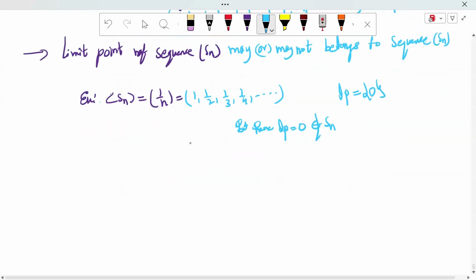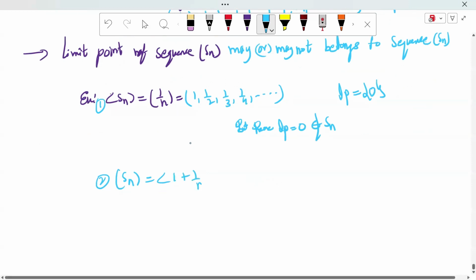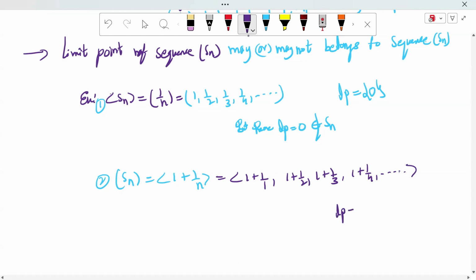Take the second example, sir. For example, take the sequence 1 + 1/n. What terms are coming, sir? 1 + 1/1, 1 + 1/2, 1 + 1/3, 1 + 1/4, up to so on. If we observe, what is the limit point here, as n approaches infinity?